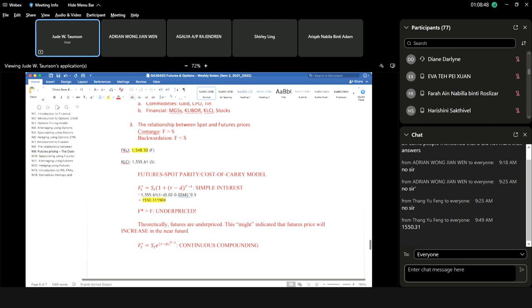In other words, this is a bullish market. Okay, so based on our calculation, we have some idea, we have some information that the market is going up.